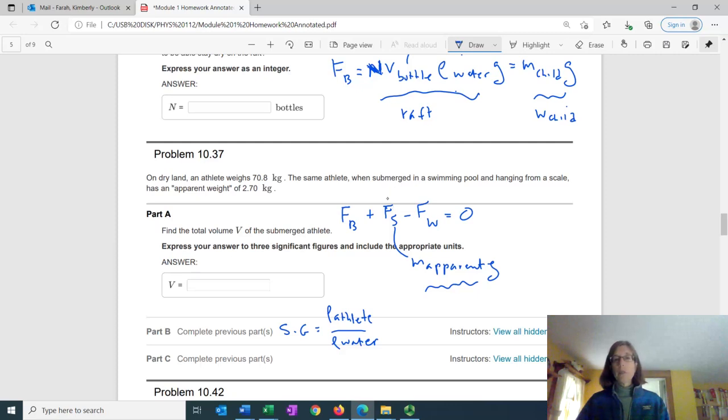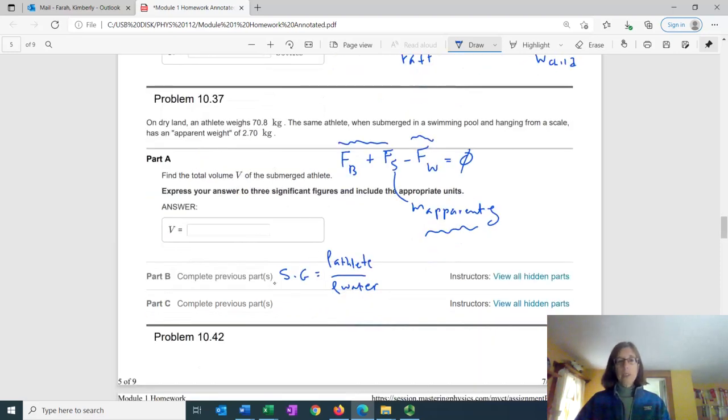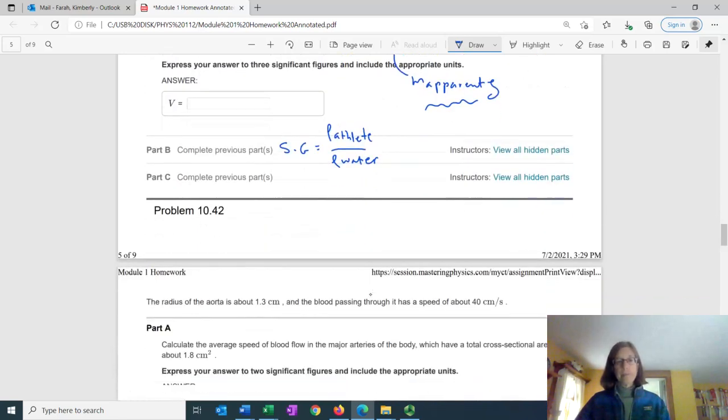So basically these two forces, the buoyant force and the apparent force on the swimmer due to his apparent mass times G, have to equal the weight of the swimmer, and so they sum up to 0. The next part of the question just asks you to determine the specific gravity. And here, recall, specific gravity is dimensionless. It's going to be the density of whatever the object is over the density of the water.